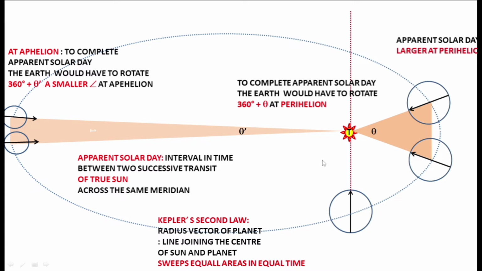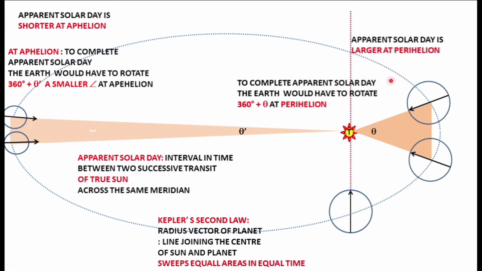So the apparent solar day would be larger here compared to this, because the angle the Earth has to rotate extra is greater here than there. So you have a longer day here and a shorter day when the Earth is at aphelion.